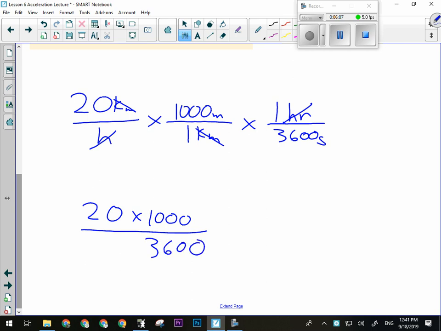Okay? Now, I can shorten this a little bit. If I divide 1,000 by 3,600, effectively, it's the same as doing this. Instead of multiplying by 1,000, then dividing by 3,600, I might as well just do this.